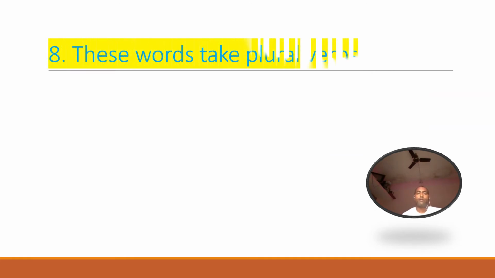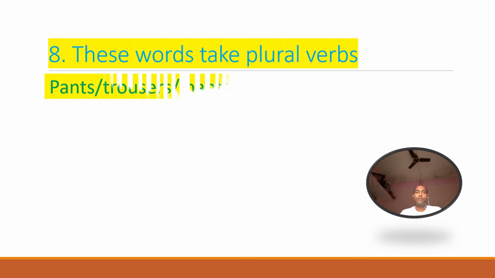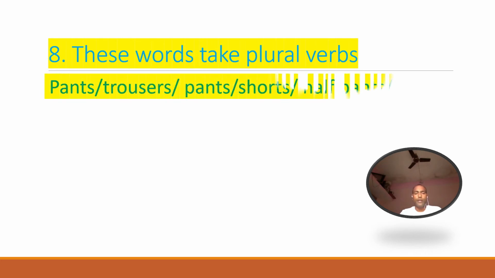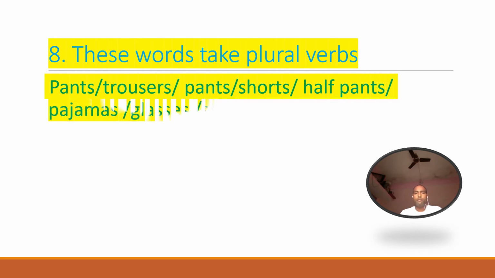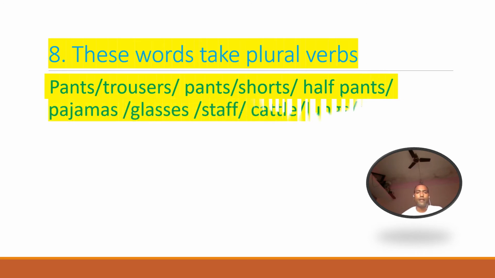Now we are going to learn the next rule. These words take a plural verb. Certain words are there, they always take a plural verb. Pants, that is the pant we wear. Trousers. Pants has been double, right? So it has been double, only one here and here. Pant. Shorts, half pants, pajamas, glasses that we wear on our eyes, scissors, tongs, right? Scissors has also been double here.